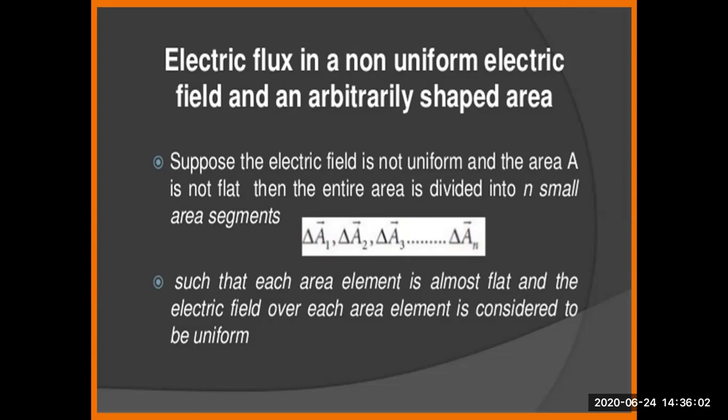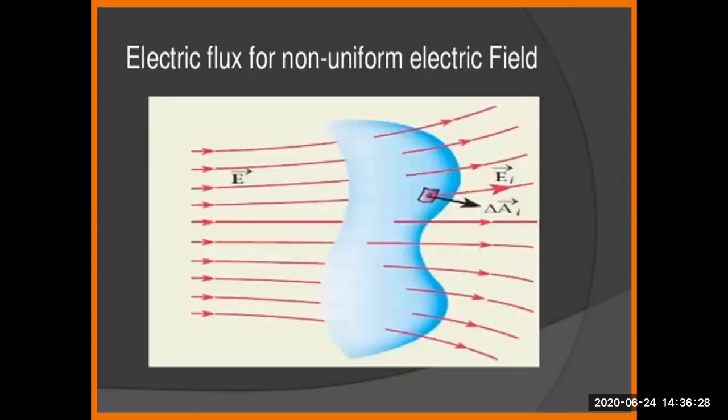Maximum of the time in physics, we are used to divide the irregular shape into very small areas, delta areas. Those areas will become ideally flat. Then we have to add all those deltas to get the total effect.